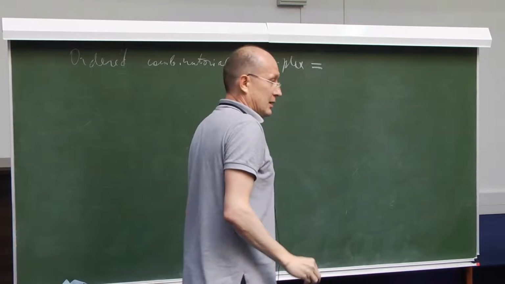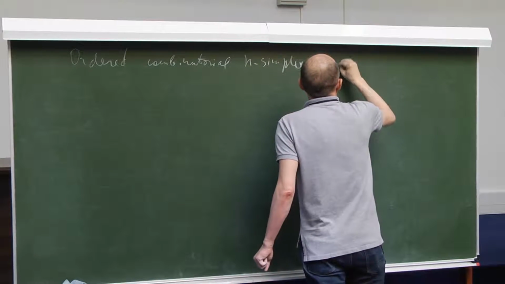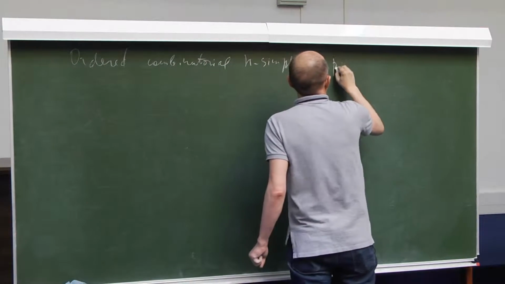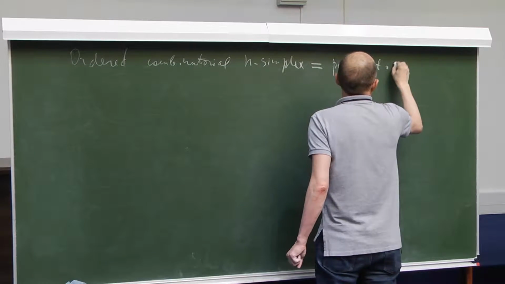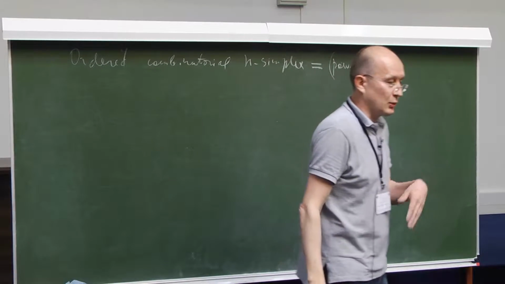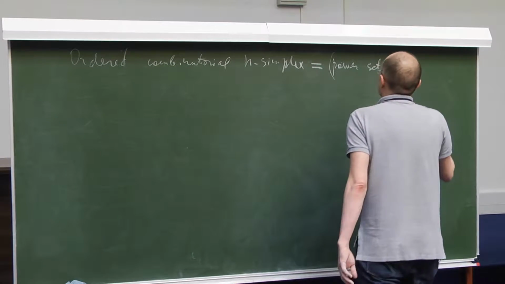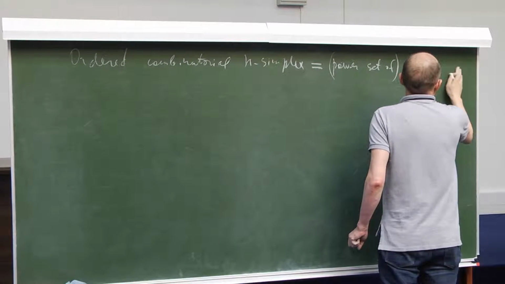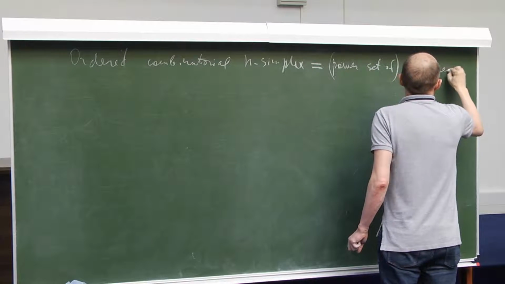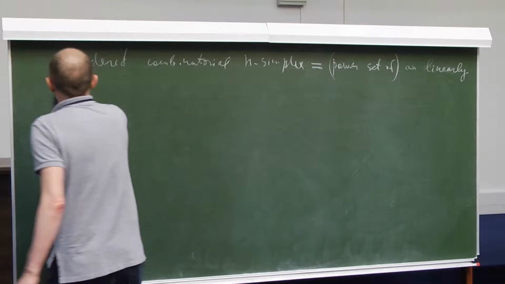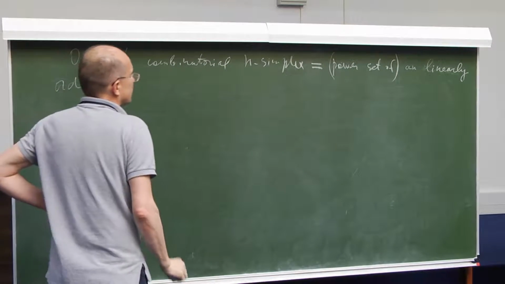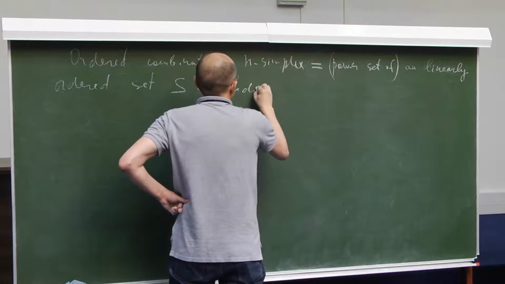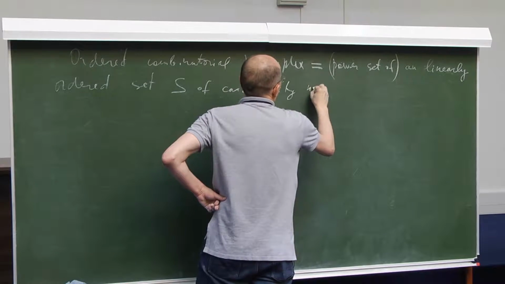So what is it? This is just a power set. But implicitly, we should think always about a power set, but in reality we can think of a linearly ordered set S of cardinality n plus 1.